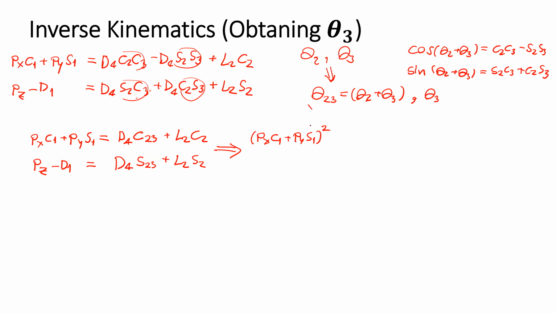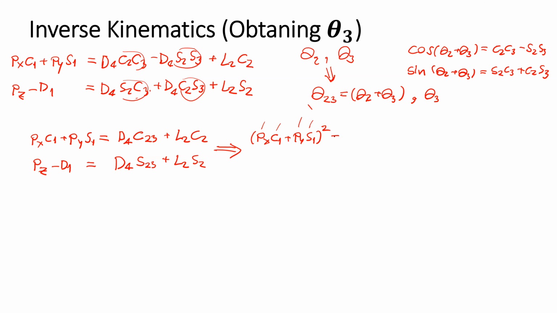So we know sin theta 1 and cos theta 1, and Px and Py are our desired position. Px, Py are our input to the problem.